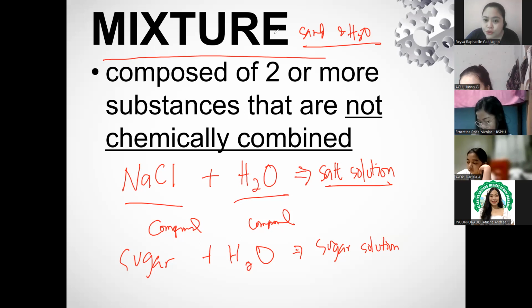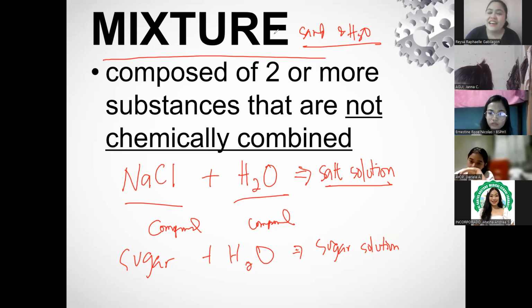That is also true for the recent example. We have the air. The air also is a mixture. So we have a lot of gases found in our air. Aside from the oxygen, we have also carbon dioxide, nitrogen, argon, and even helium, or what else? Ano hindi ko nasabi.